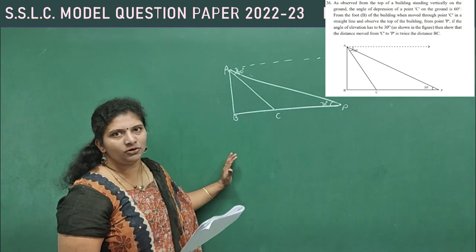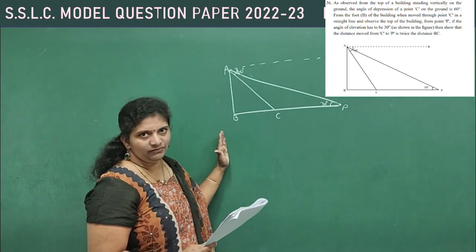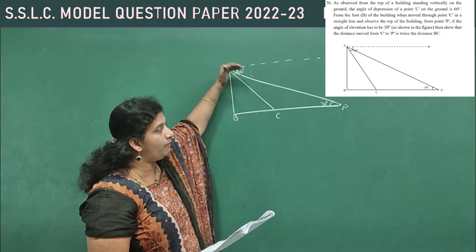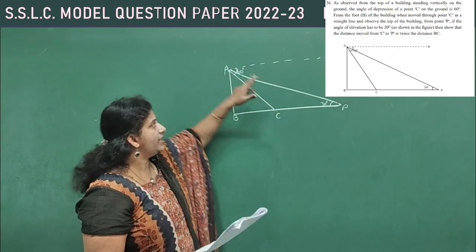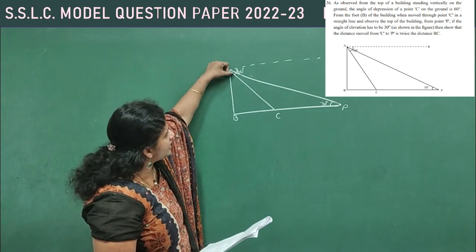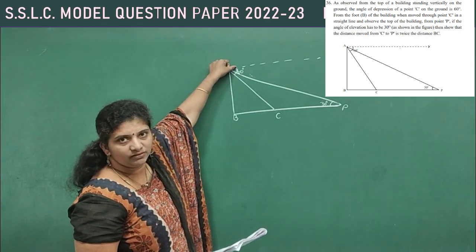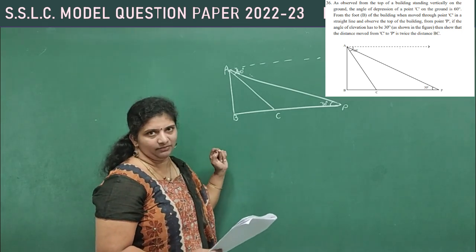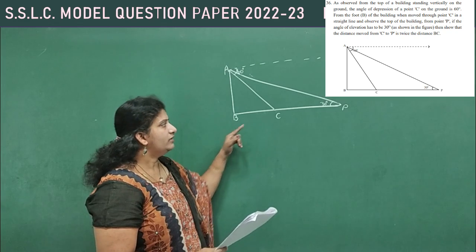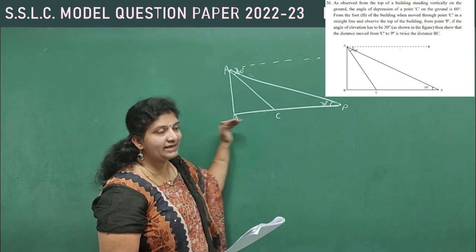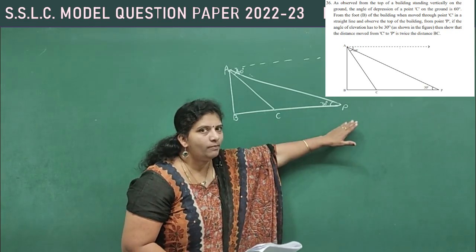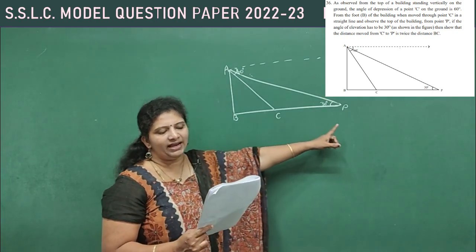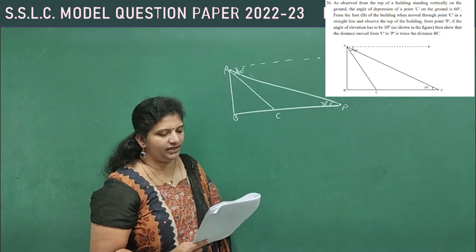See, understand properly, there is a building. From the top of the building, the angle of depression to a point C on the ground is 60 degree. See here, your angle from here to here, right? And in the same manner, from the foot of the building, from point B to C, it is moving in a straight line to a point P. If the angle of elevation has to be 30 degree.